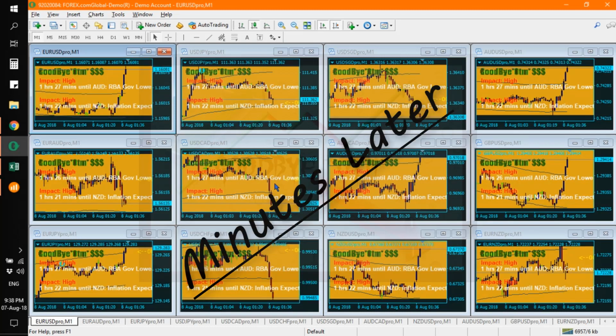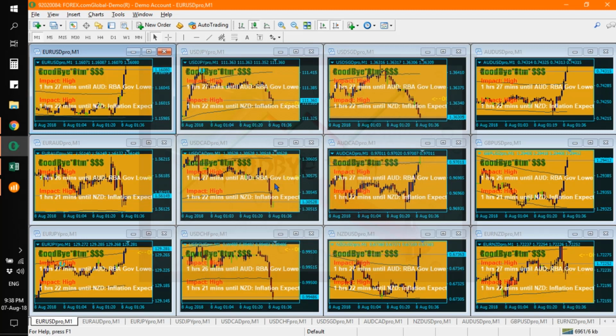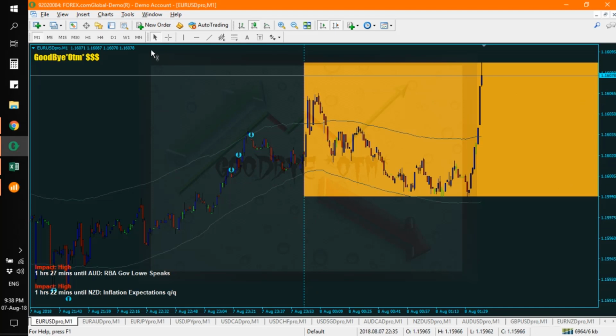As you can see, guys, there's a very huge volatility going on right now after this news release. For example, this Euro USD is quite high, very high.